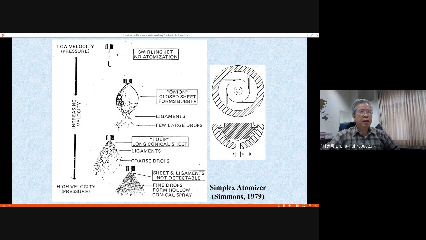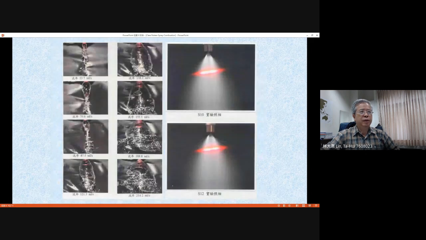I did this kind of experiment here. We try to duplicate the mechanism of the simplex nozzle. We use two, I forgot the English word, two lodo together.